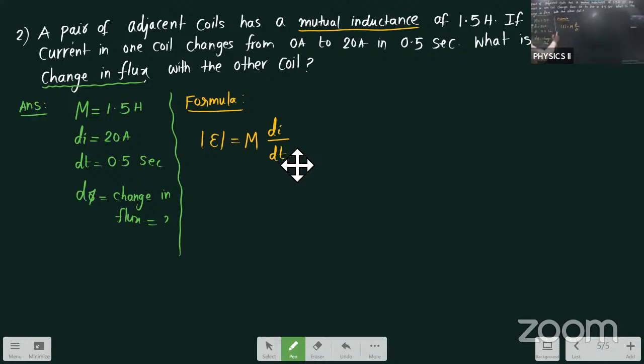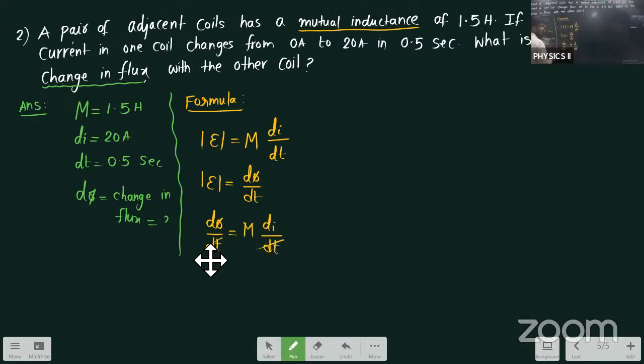Change in flux. So we know that average EMF or induced EMF is given as E is equal to d phi by dt. So if you substitute this value here, this formula will become d phi by dt is equal to M into dI divided by dt. So I can cancel this dt and this dt.